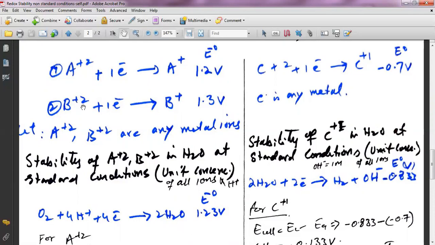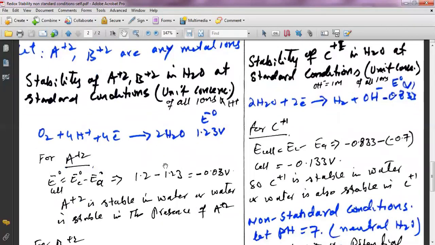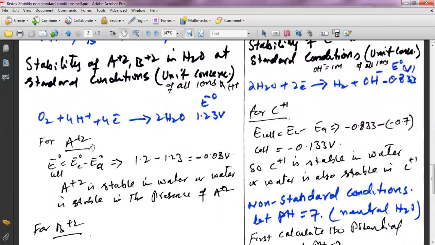So it is very simple. You just have to check whether A plus 2 or B plus 2 is going to react with water or not.